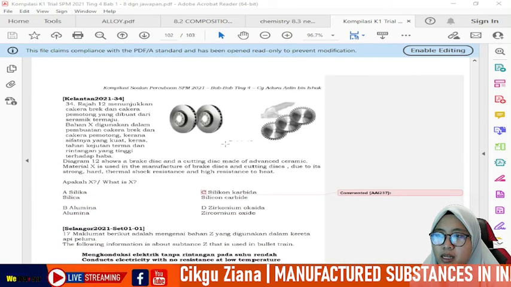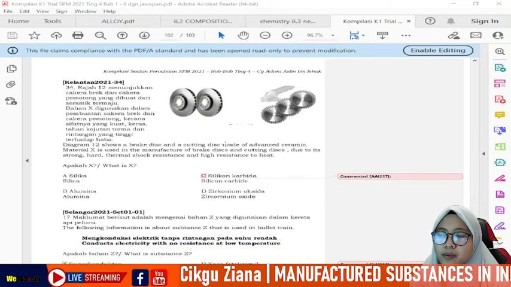Okay, so Kelantan. Okay, this is to make a brake disc and cutting disc. Okay, due to its being strong, hard, thermal shock resistant and highly resistant to heat, what is X? Pang, answer. Silicon carbide.